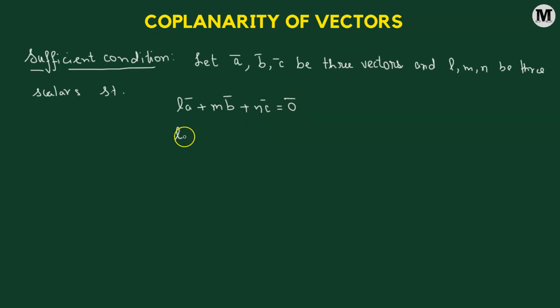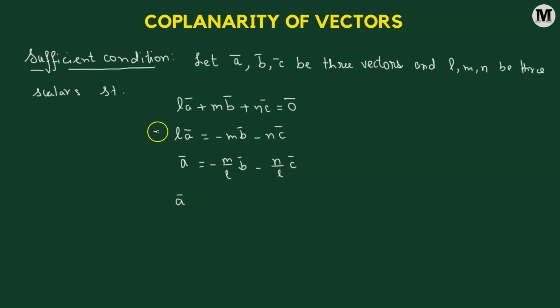Then what we can do, we can consider L a vector to be equal to negative M b vector minus N c vector. Since L, M, and N we are already considering to be non-zero, we can divide each term by L on both sides to get A vector equals negative M over L B vector minus N over L C vector.